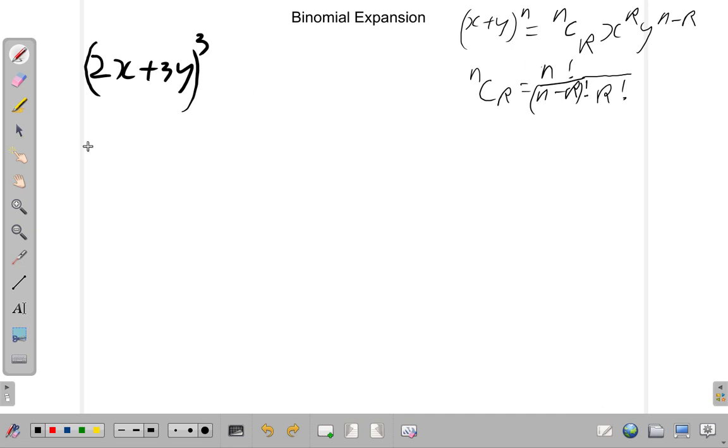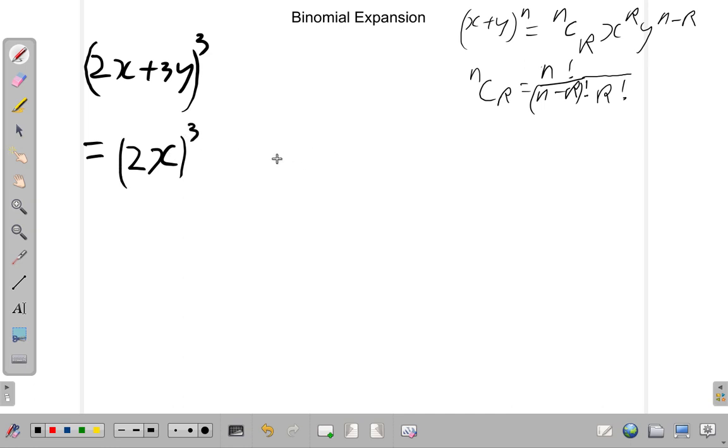So this is equal to NCR. Now, each term will be multiplied by NCR, but we want to look at writing each item and its relative power, the power that it is raised to. So, what we have is 2x raised to the power of 3.